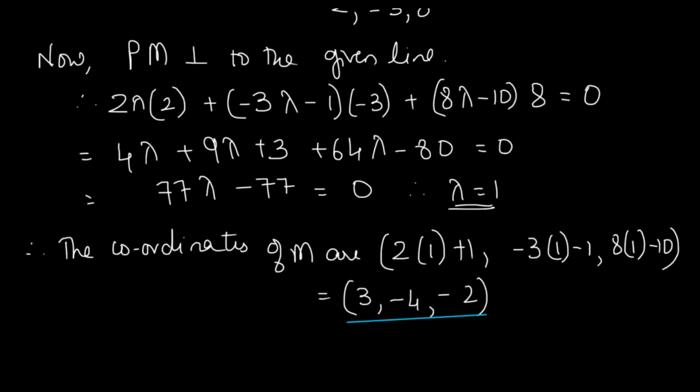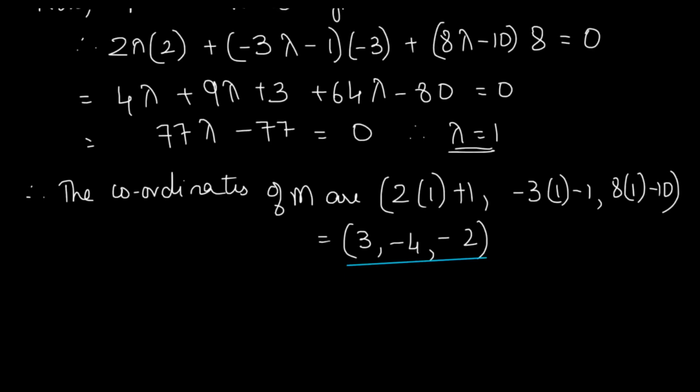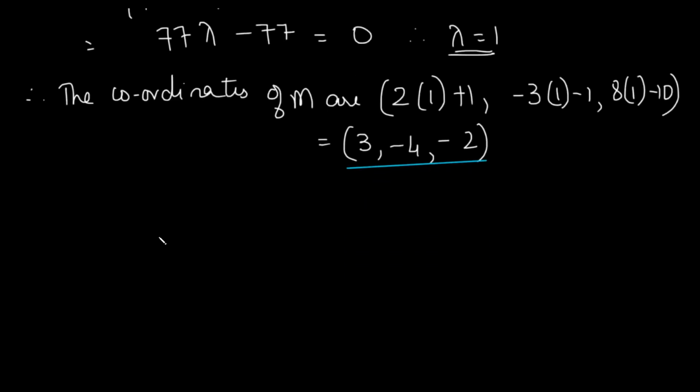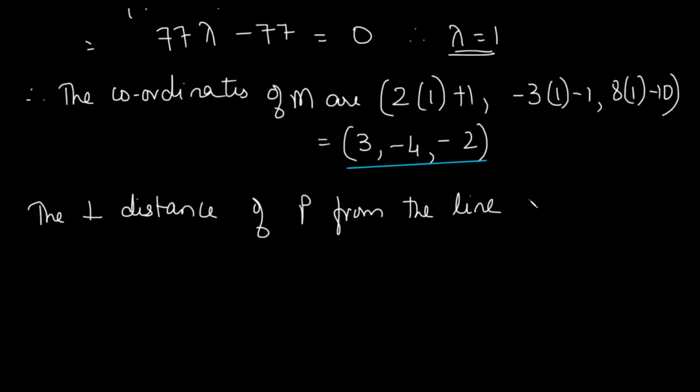Now the second part is finding the perpendicular distance, that is, finding PM. To find PM, we take the help of the distance formula. The perpendicular distance of P from the given line is PM.